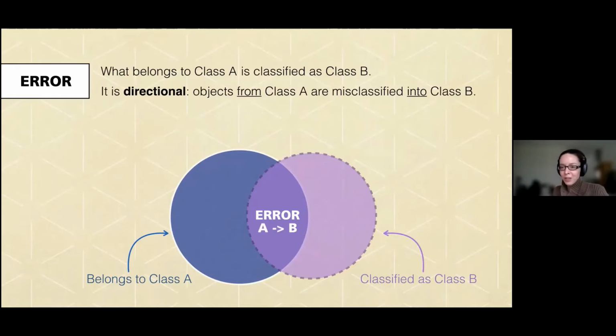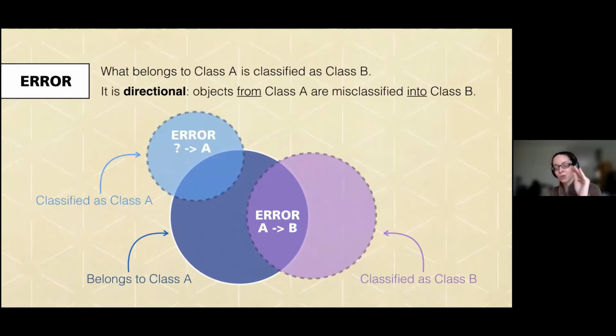So here we have the errors from A to B, so to say. And then we can see now what has been classified as class A indeed. And a part of it has been classified as class A wrongly. So they come from another class to class A. They're called false positives from the perspective of class A, but I don't want to bother you with this terminology.